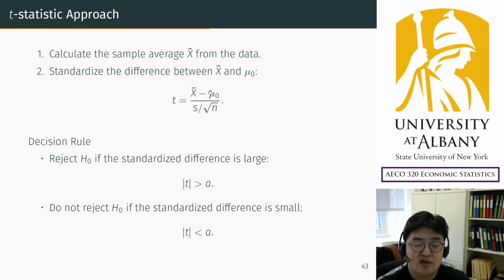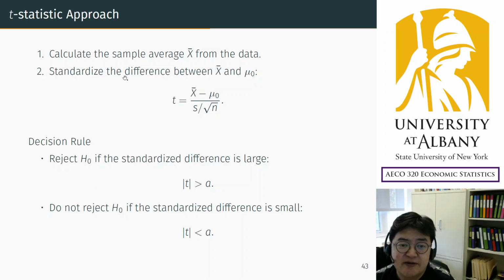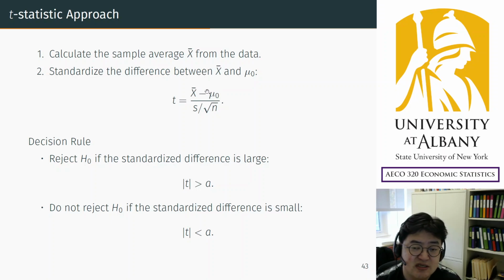So calculate the t-stat, and remember the t-statistic is the standardized difference between the sample average and your belief of the population mean. So this is the difference of interest, and then intuitively we are going to reject the null hypothesis if the standardized difference is too large.